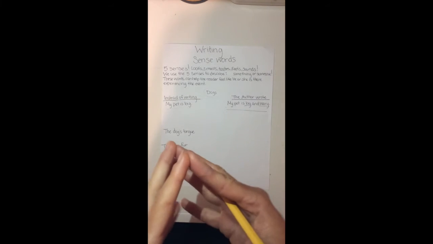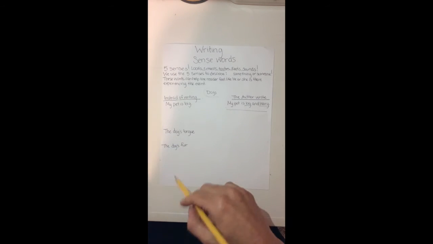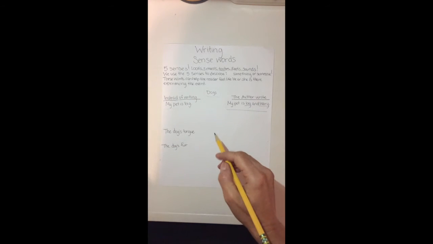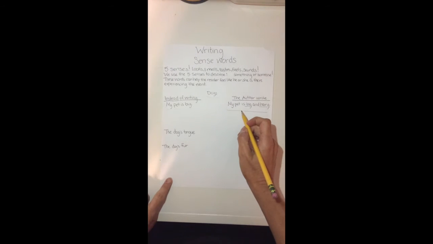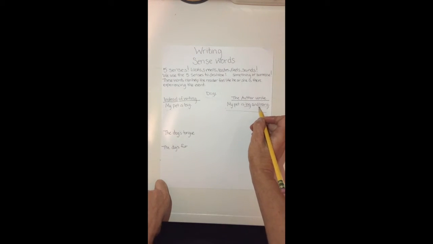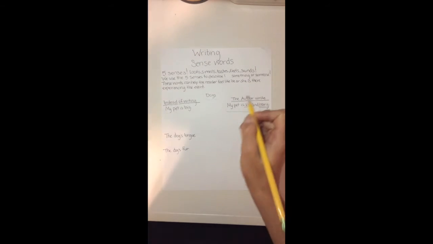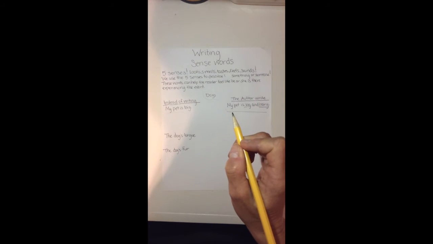It describes how something looks. And that something is the dog or the pet. My pet is big and hairy. That helps the reader, when they are reading your writing, get a better picture in their head of what it is you are describing.